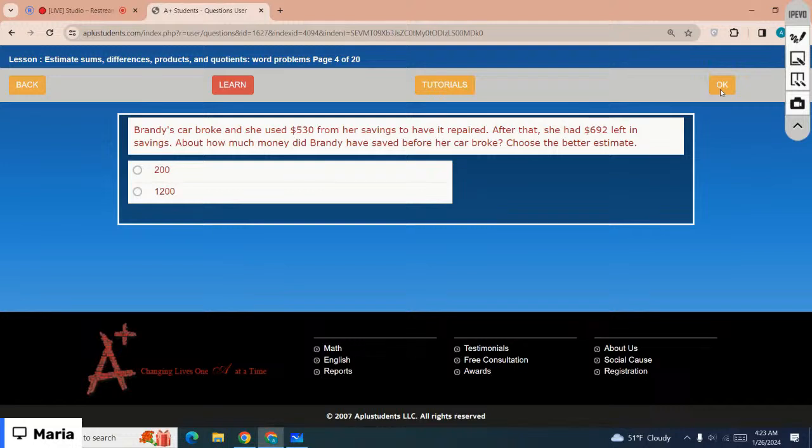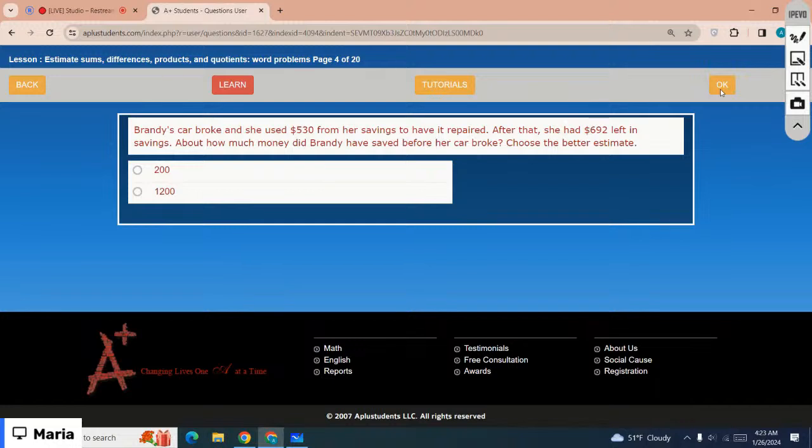Brandy's car broke and she used $530 from her savings to have it repaired. After that, she had $692 left in savings. About how much money did Brandy have saved before her car broke? Choose the better estimate.